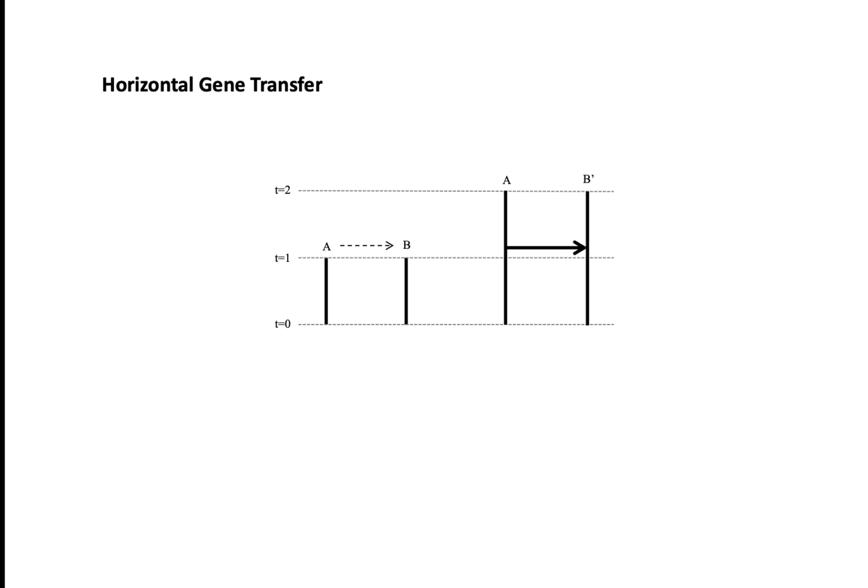So one thing that can lead to these networks, and in standard phylograms can lead to some confusion, are horizontal gene transfers.